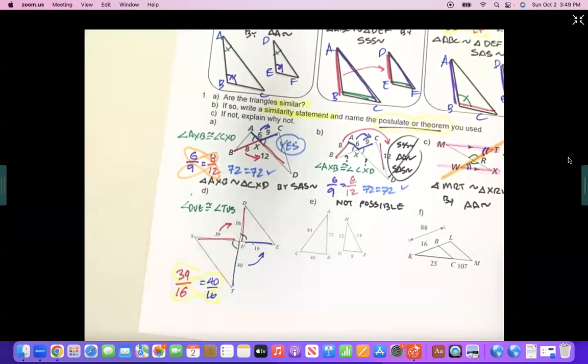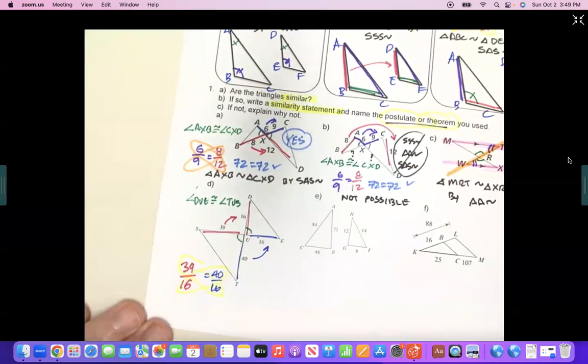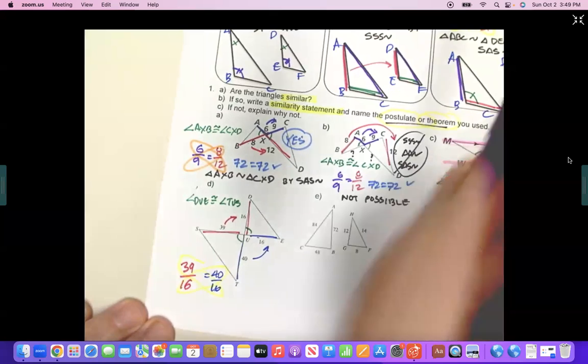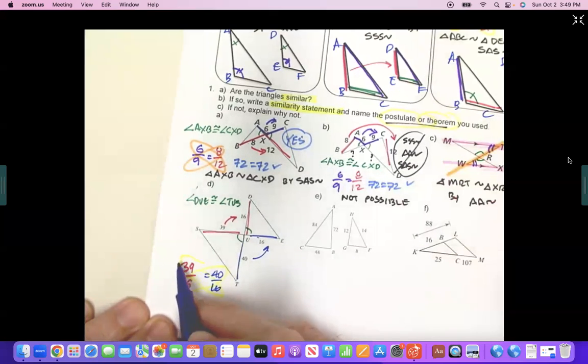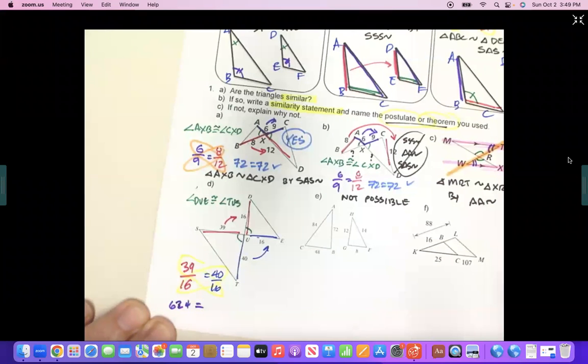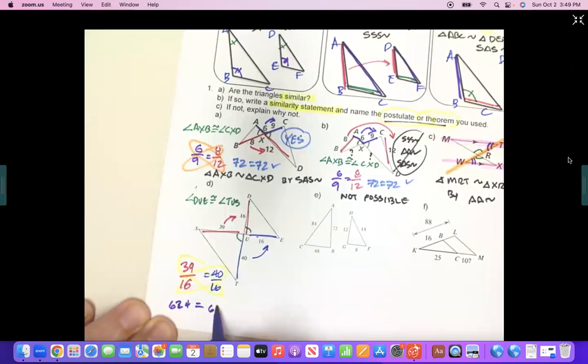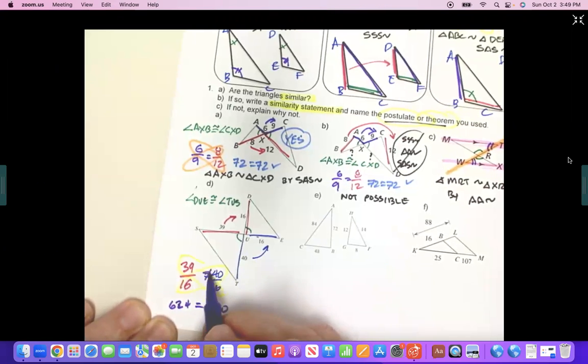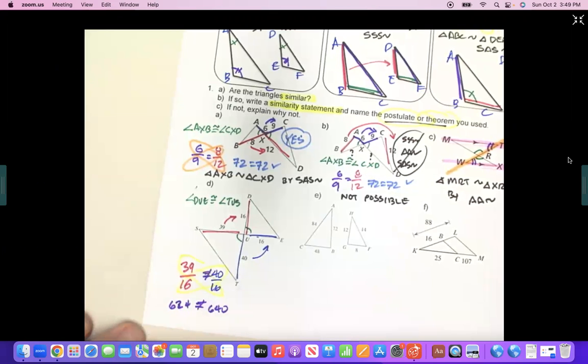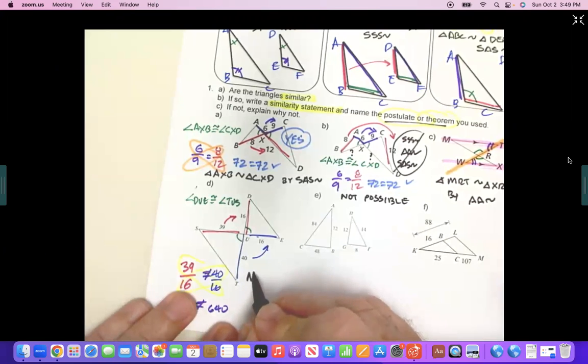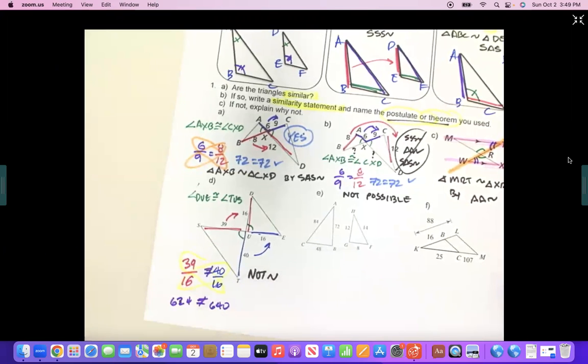If you don't believe me, we can easily check our cross products. 39 times 16 is 624, whereas 16 times 40 is 640. Neither of these are equal. Therefore, we know that this is definitely not similar.